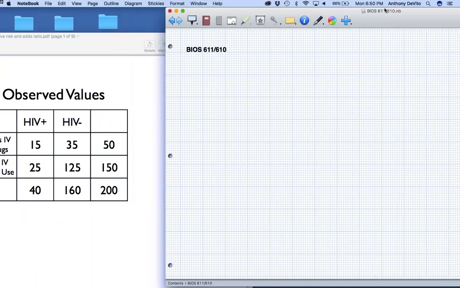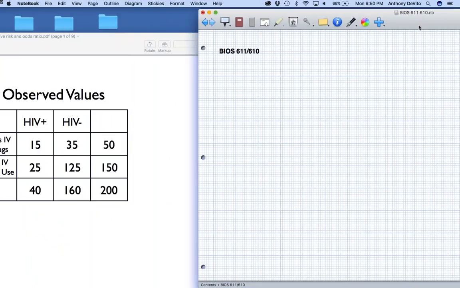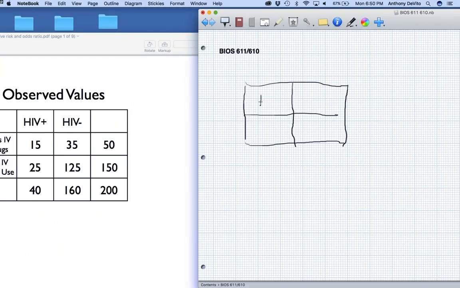Let's see if I can fix it so I can see both of these at the same time. Yeah, that should do it. Okay, so I'm going to duplicate this over here. 15, 35, 50, 25, 125, 150, 200, 40, 160.